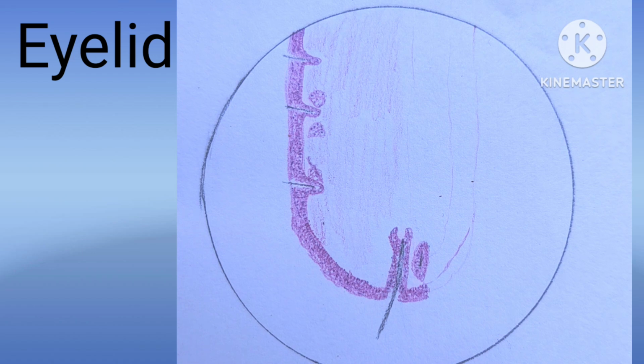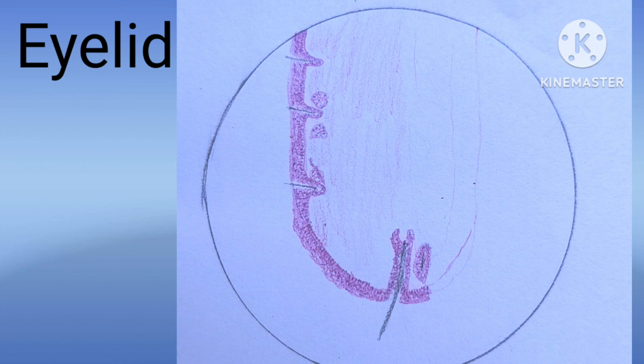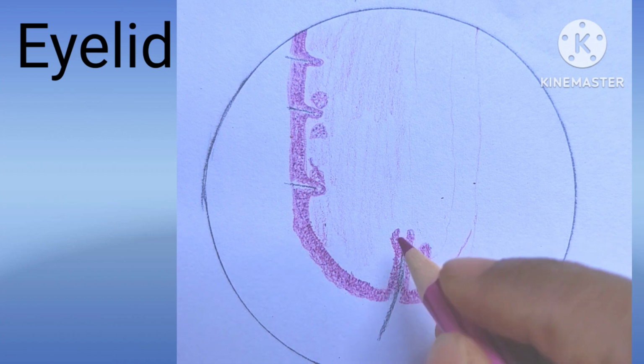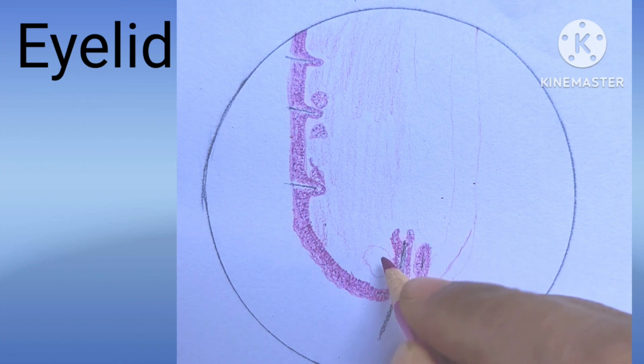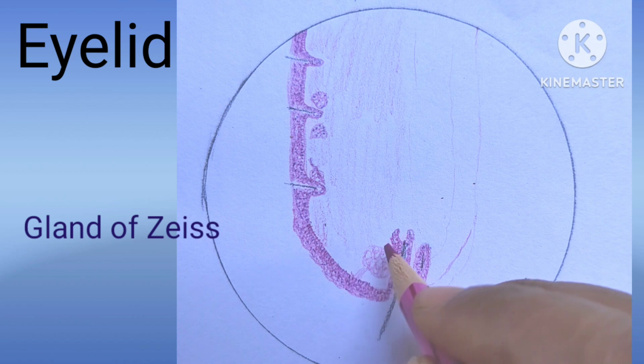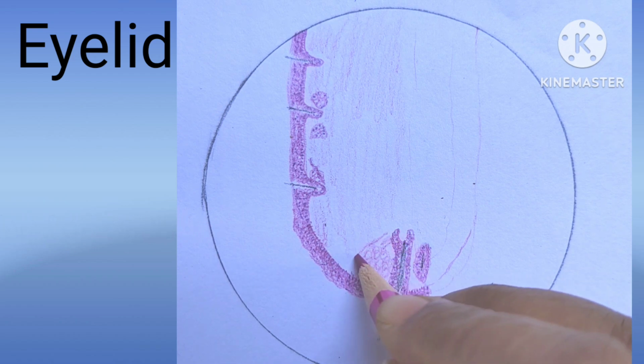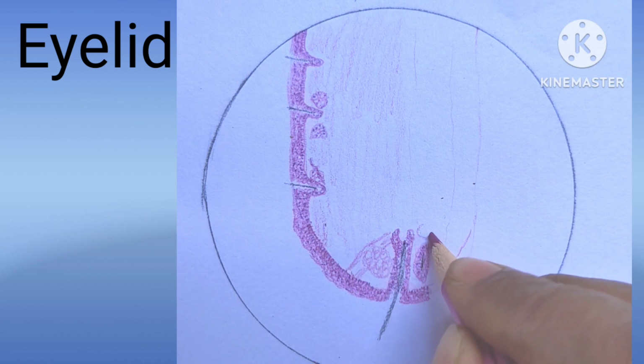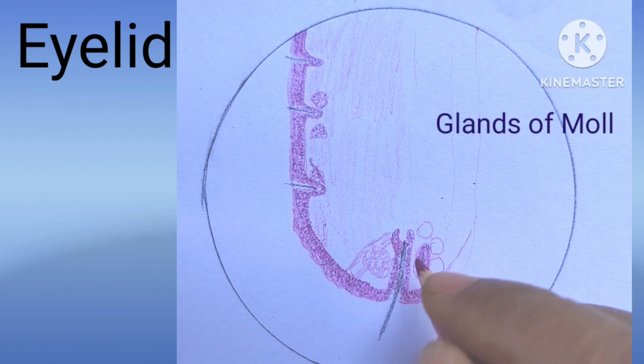Because an eyelash is there, we have a sebaceous gland and an arrector pili muscle for it. The sebaceous glands of the eyelashes are called the glands of Zeis. They secrete an oily secretion, and any blockage in these glands is called a stye, S-T-Y-E.